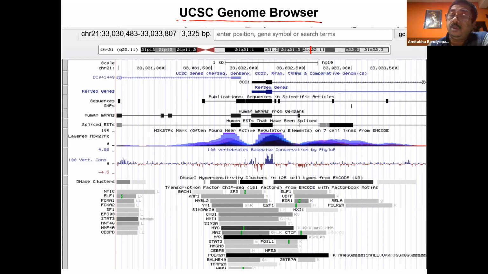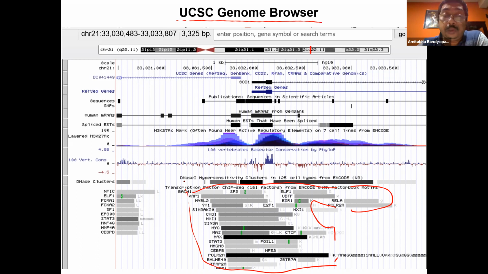Because the human genome sequence is known, you can map the ChIP-seq data onto that. Okay? And once you do that, you can get this kind of transcription factor binding sites on there. If you just go and play with the UCSC genome browser, ask to show the ChIP-seq data, you will actually get to see it.